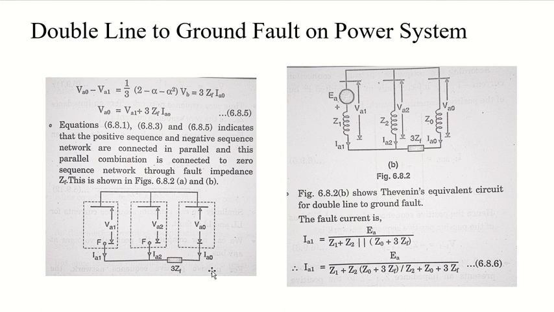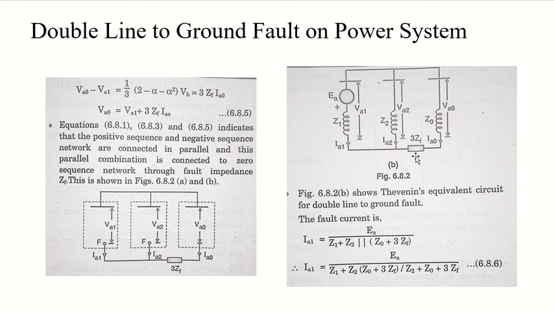Based on that, you can also form the Thevenin's equivalent circuit diagram, and by doing that, you will find the value of EA. You will find Z1 and Z2, then for negative and positive sequence in parallel, and they are connected with zero sequence in parallel, which is connected to my fault impedance in series. And based on this Thevenin circuit, you can find the value of IA1 basically by applying KVL in the loops.